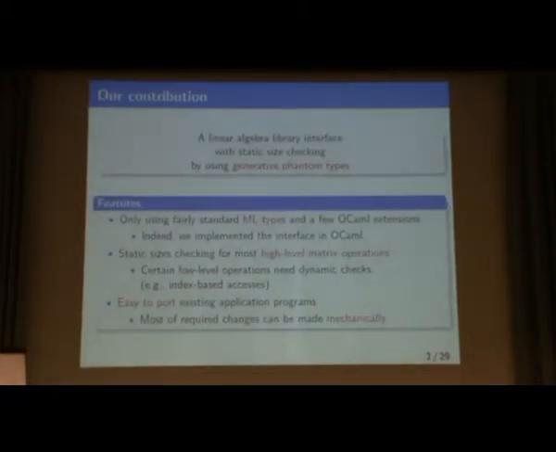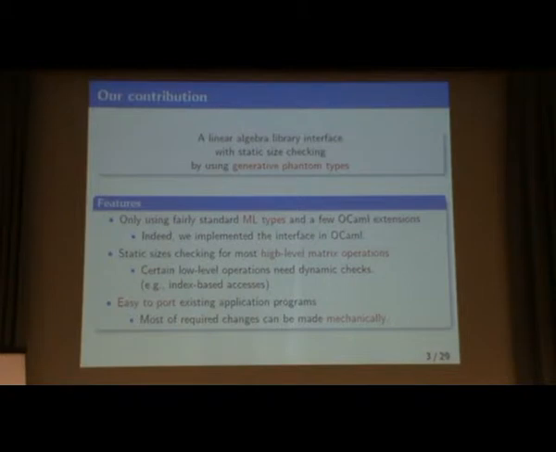So the idea is what we call generative phantom types. I'll explain them later, but the features are fairly standard ML types, with a few extensions from OCaml. And also, we accomplish static size checking for most high-level matrix operations.